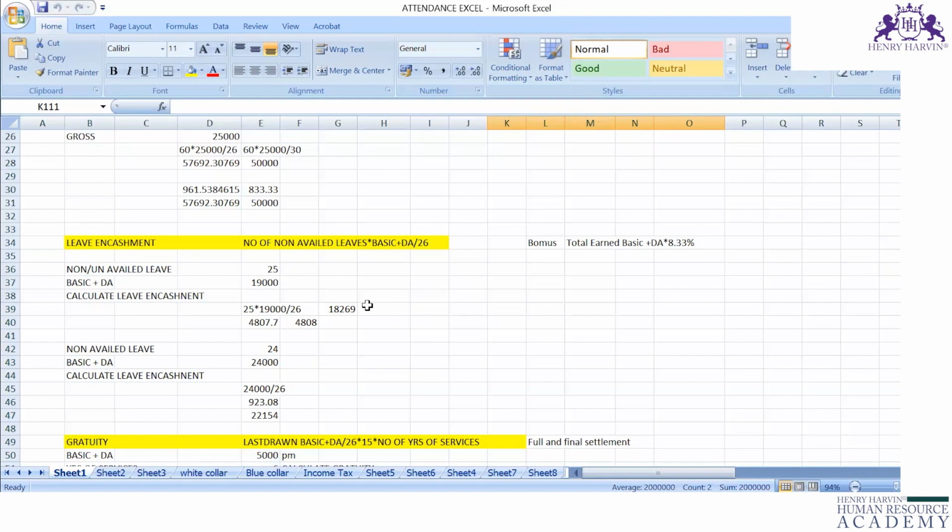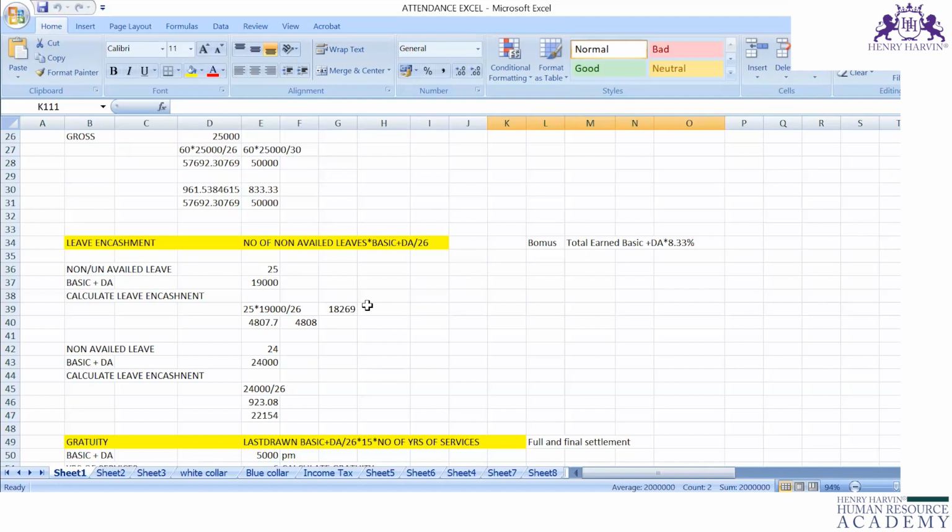Some will give casual leave, sick leave, and earned leave. Some will give casual leave, sick leave, earned leave, paternity leave and maternity leave. So it is the choice of the organization to give various types of leave.